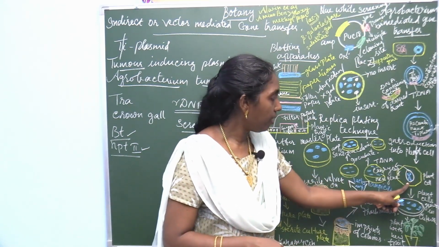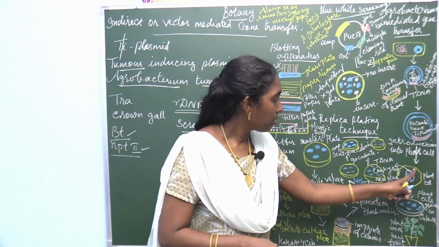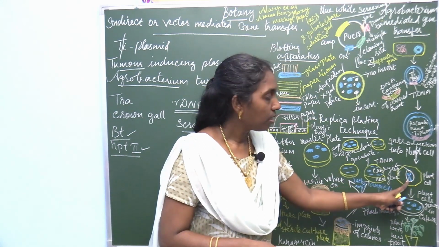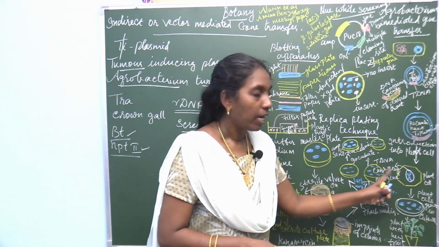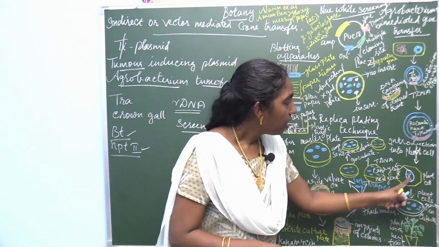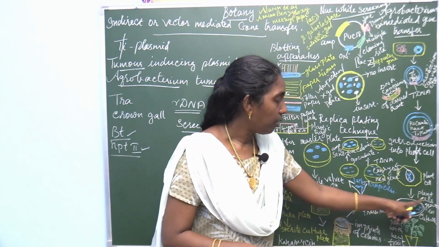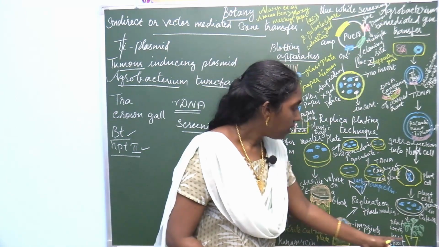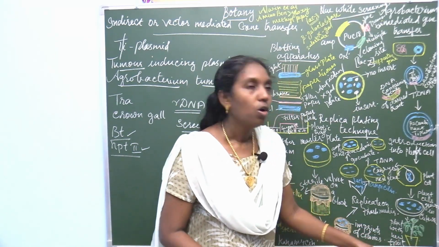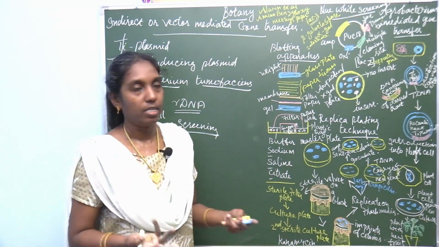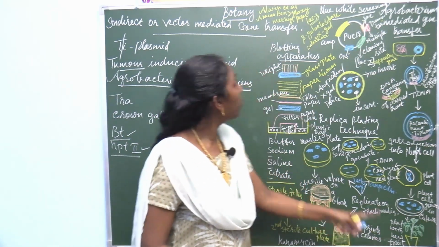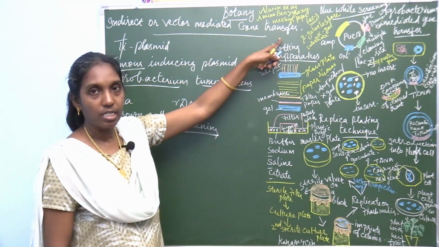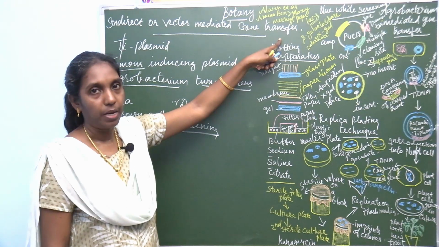This is the plant cell carrying the new gene, and this cell can be cultured. The plant cells are grown in the culture medium. As a result, it produces a new plant with a new trait. This is the procedure for vector mediated gene transfer in plants.